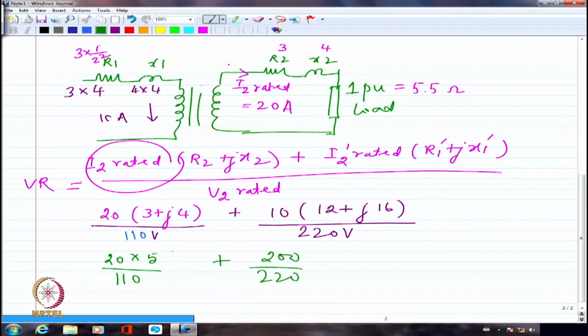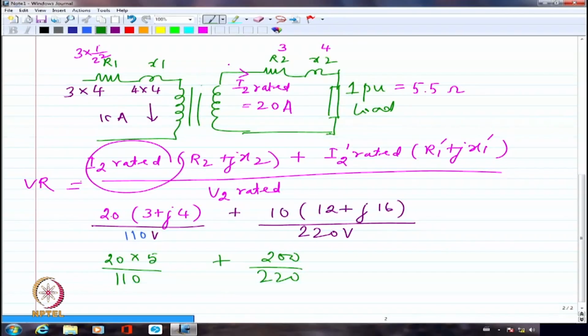base voltage. So when I express the impedances in terms of percentages or per unit, it really does not matter whether I am expressing everything from the primary side, everything from the secondary side, or partially from the primary side and partially from the secondary side.